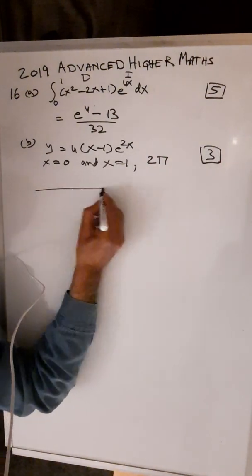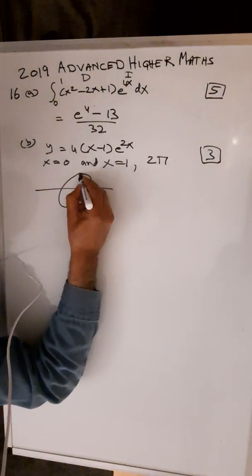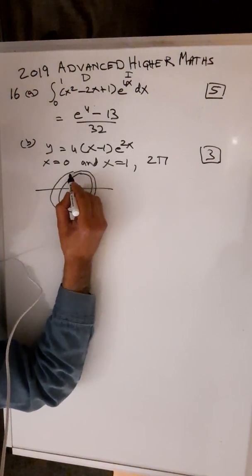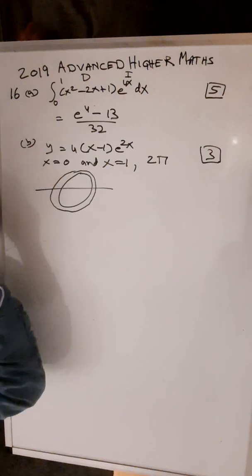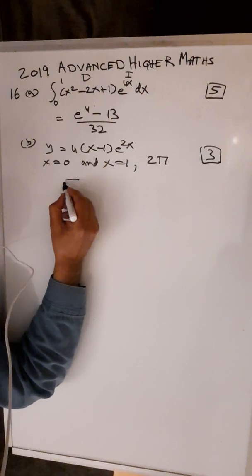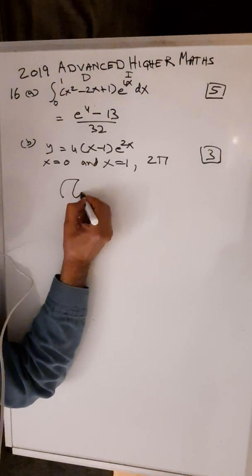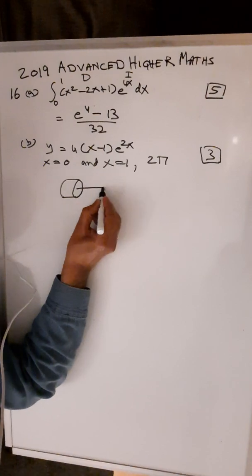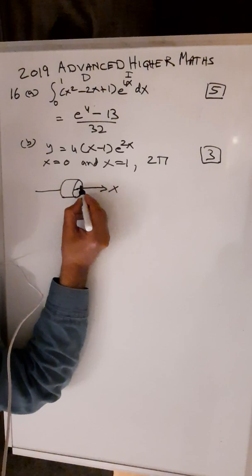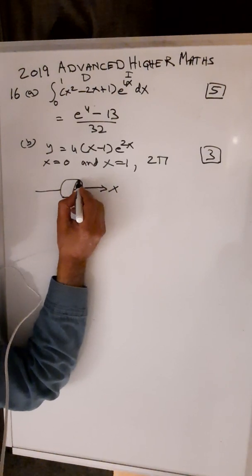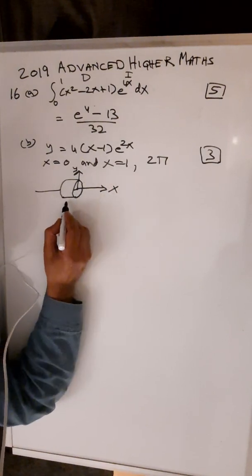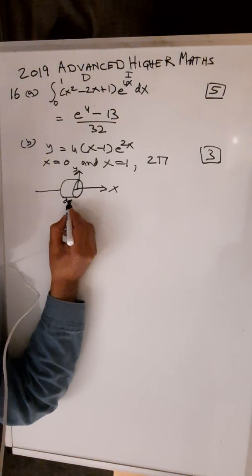So you're rotating a solid about the x-axis. Imagine a cylinder being rotated about the x-axis. The radius of the cylinder is there, that's denoted by y, and the height of the cylinder is this, which is dx.